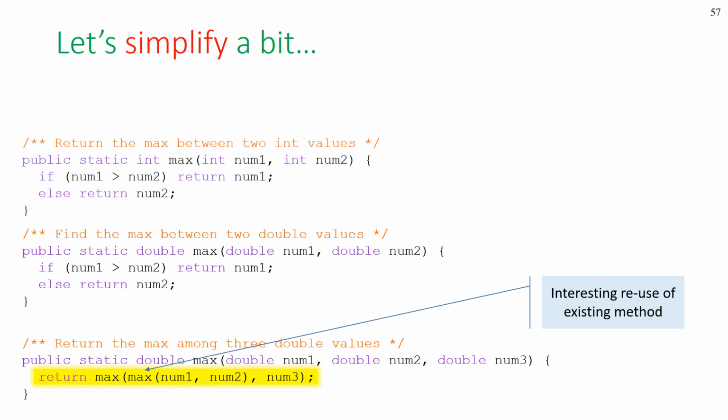Why did I try to replace this by calling the max of num3 with whatever the max of num1 and num2 is? Because that does the job, and it allows me to do the job without having to rewrite the if-else logic that computes the max of 2 numbers.